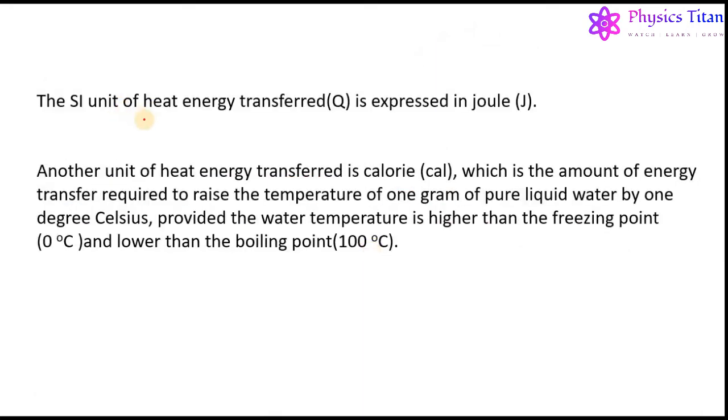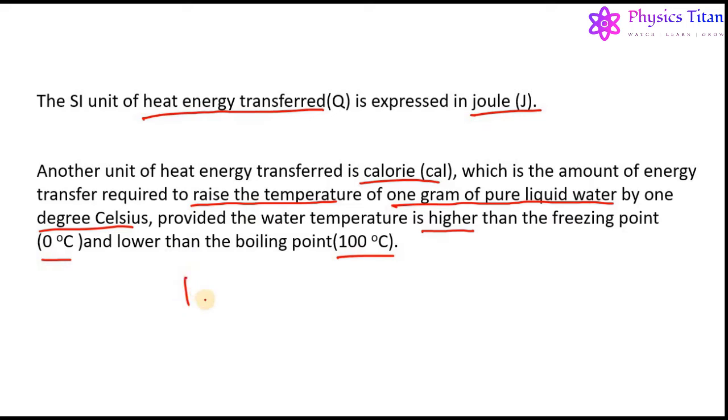Now the SI unit of heat energy transferred is expressed in joule, and another unit of heat energy transferred is calorie, which is the amount of energy required or transferred to raise the temperature of 1 gram of pure liquid water by 1 degree Celsius, provided the water temperature is higher than the freezing point, that is 0 degree Celsius, and lower than the boiling point, that is 100 degree Celsius.